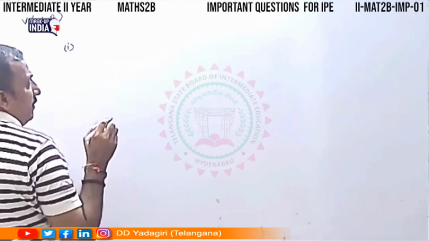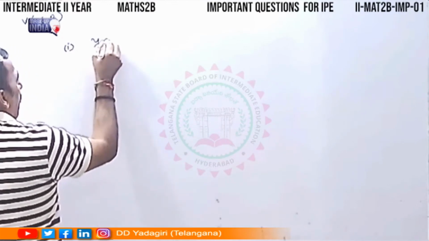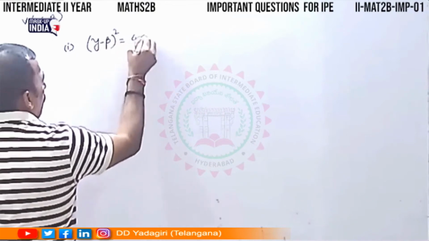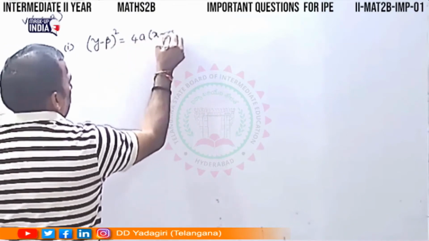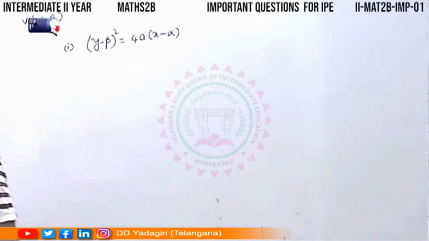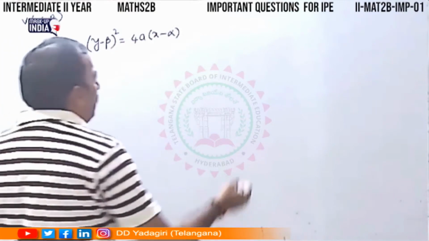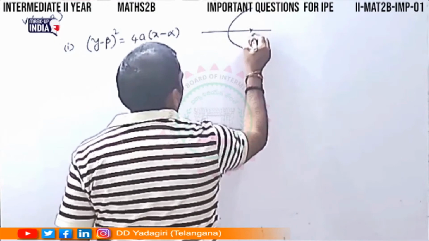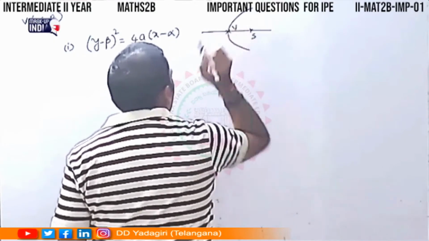Then the equation to the parabola is (y - beta) whole square = 4a(x - alpha) if the focus lies on the right hand side of the vertex.